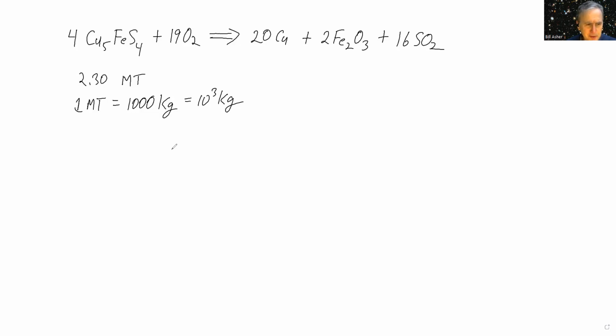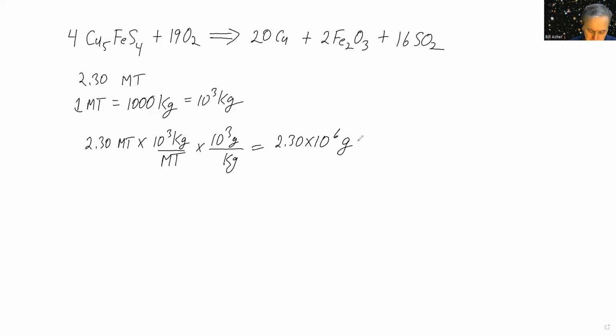So anyway, we've got 2.30 metric tons times 10 to the third kilograms per metric ton times 10 to the third grams per kilogram, which is equal to 2.30 times 10 to the sixth grams, because 10 to the third times 10 to the third is equal to 10 to the 3 plus 3, which is equal to 10 to the sixth.